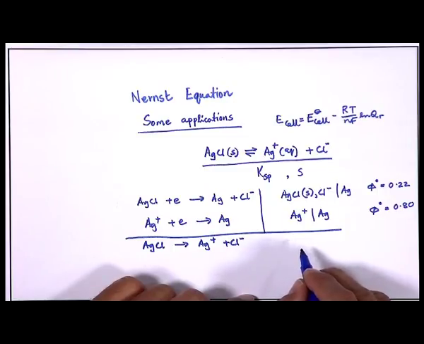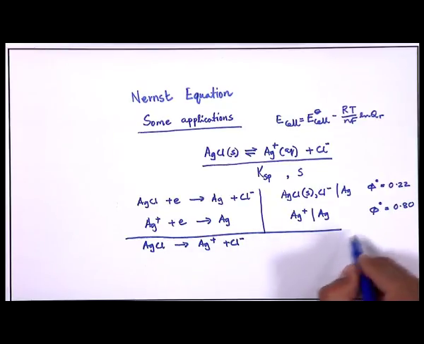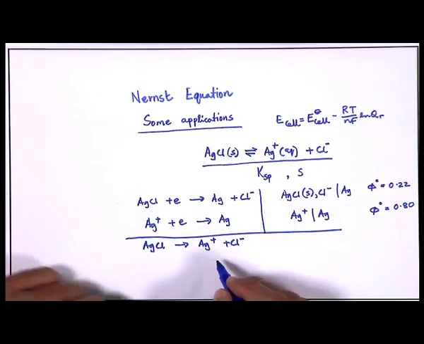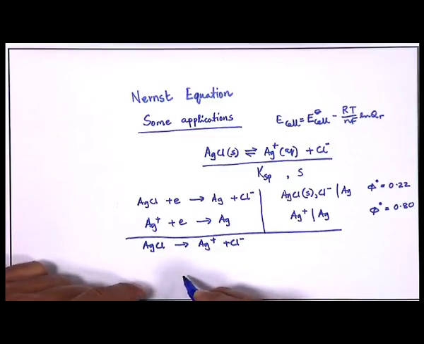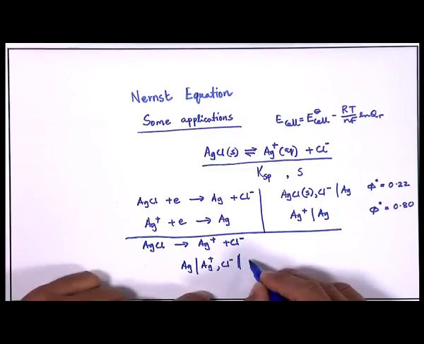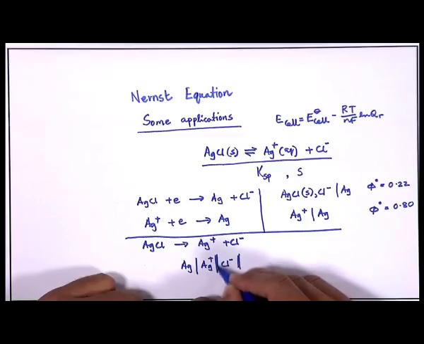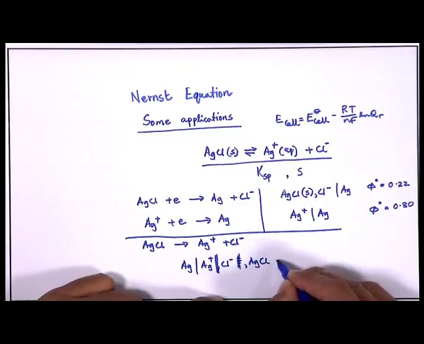So, if we combine these two, the cell will be like this: Ag, then Cl minus, or better you write it like this, Cl minus, AgCl, Ag.